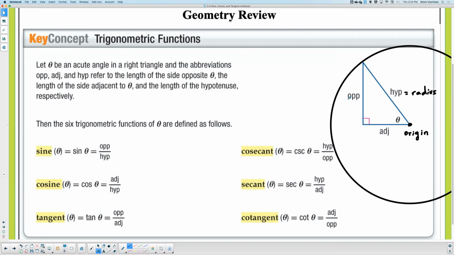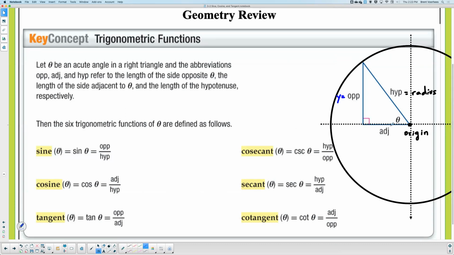What you called opposite on this circle, let me add two more lines. What your teacher called opposite is now, is that an x value or a y value? It's a y value. So I'm going to say y is the opposite.